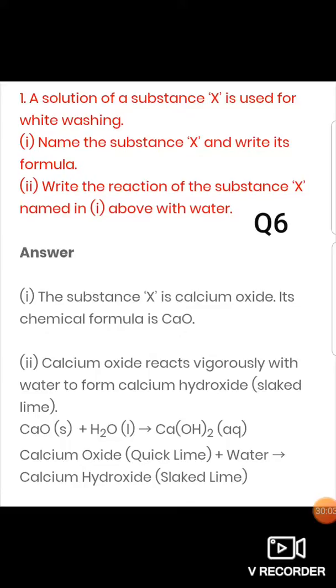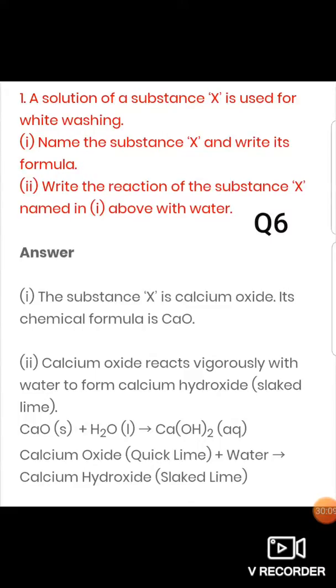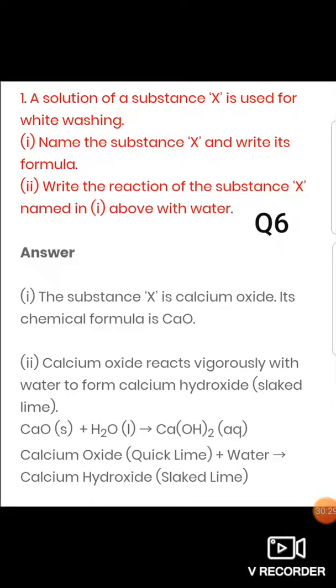Here the question was which substance is used for whitewashing, as I told you in the previous question. Calcium oxide is the chemical formula of the substance used for whitewashing. Then name the substance X and write its formula.